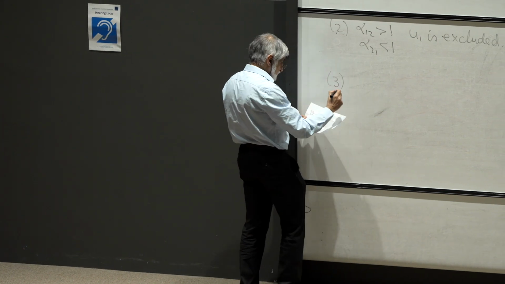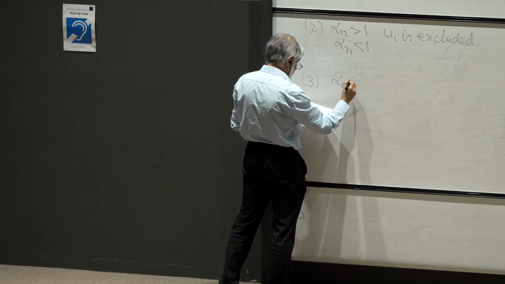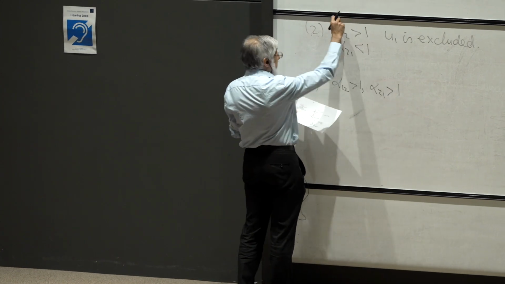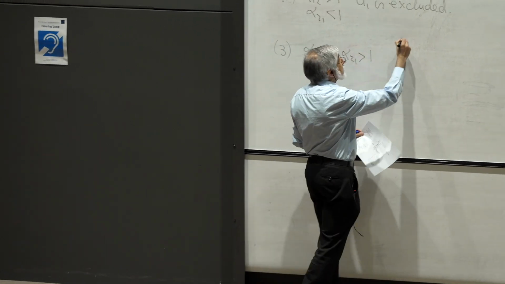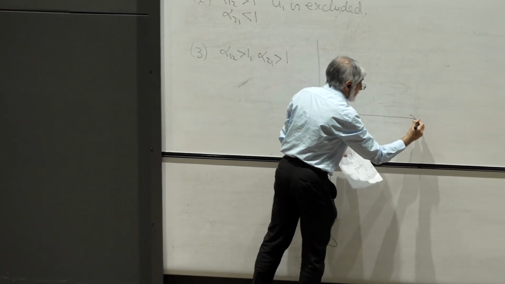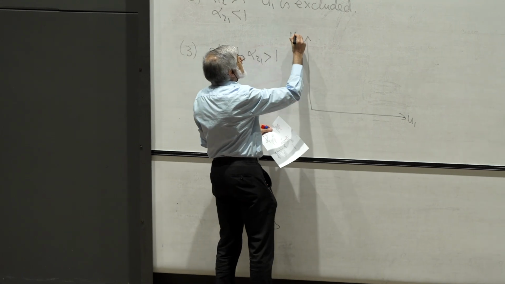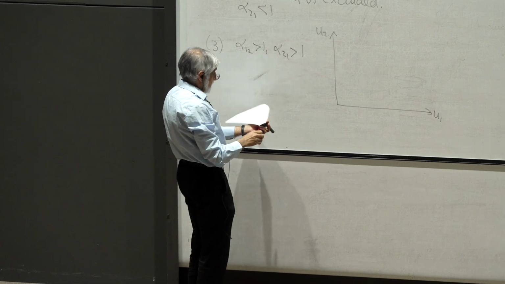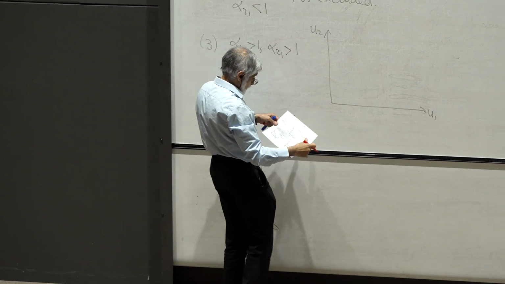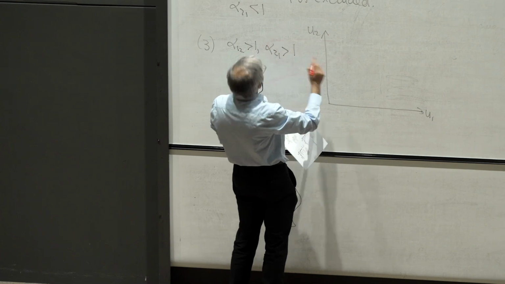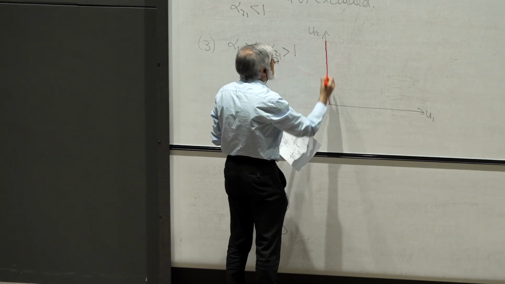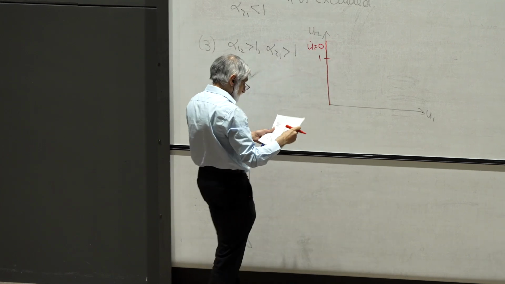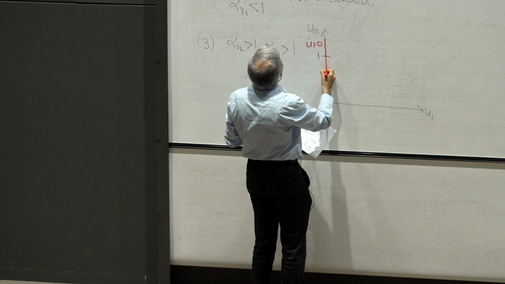Case 3: alpha 1,2 bigger than 1, alpha 2,1 bigger than 1. So U1 dot equal to 0 is that one, and this one.